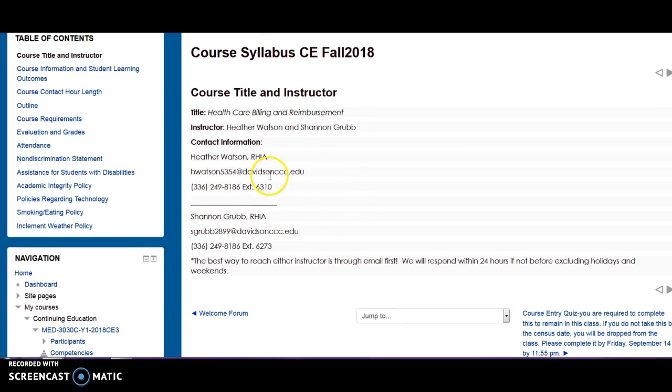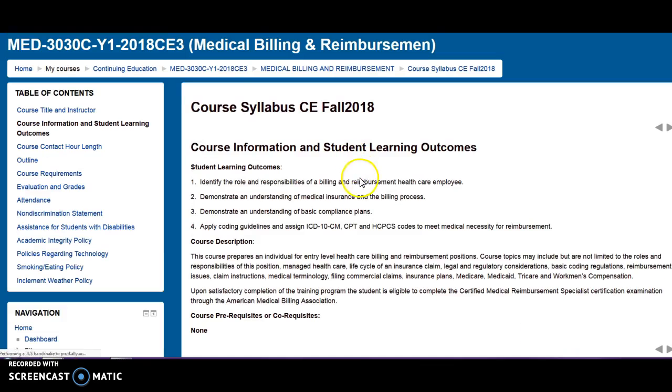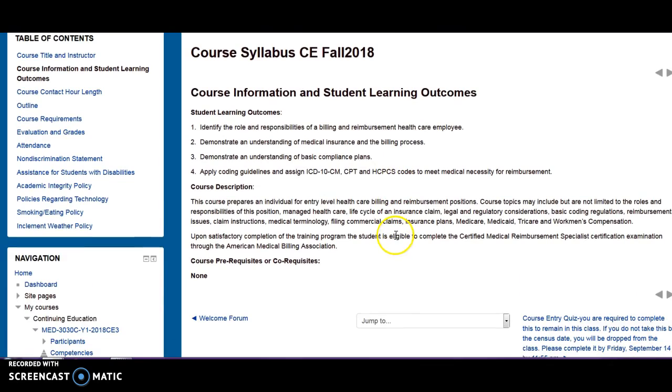You'll see that you've corresponded with both Shannon and myself. So we're both instructors in this course, and you're more than welcome to contact either one of us when you need to. We're going to click through the student learning outcomes and the course description, and let us know if you have any questions about that.